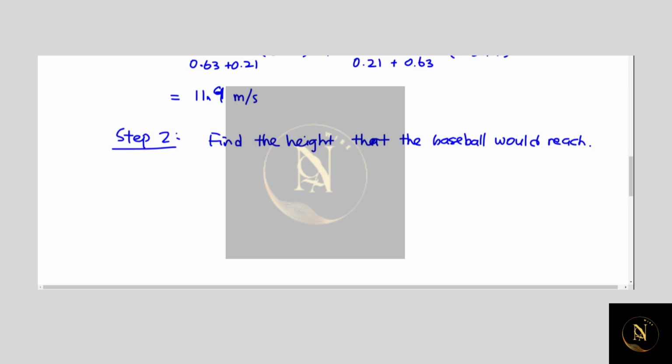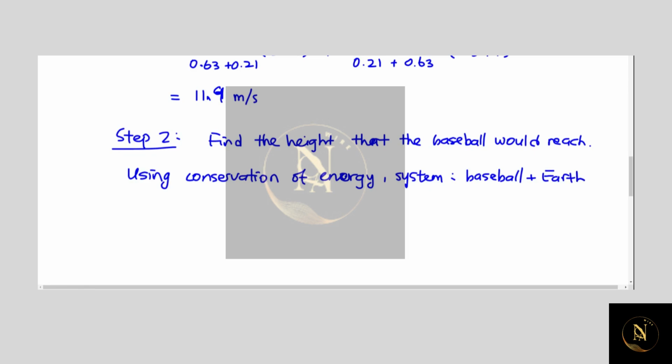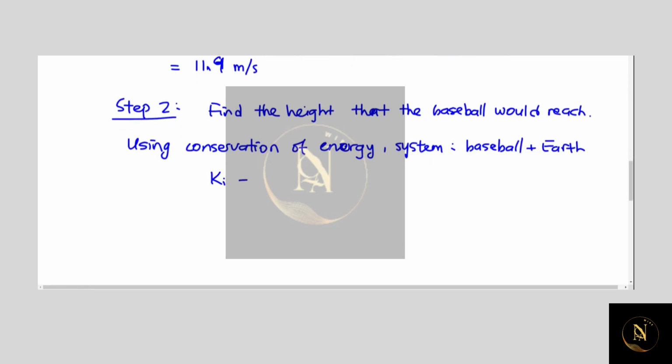To do this, we'll be using conservation of energy. The system is baseball plus Earth. We have Ki plus Ui equals Kf plus Uf.